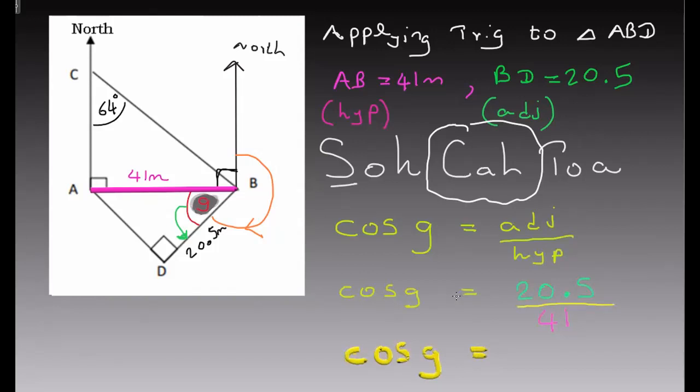All right, there are multiple ways to get the answer. So let's see what 20.5 divided by 41 gives us.